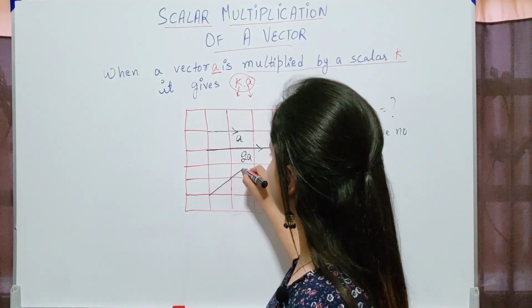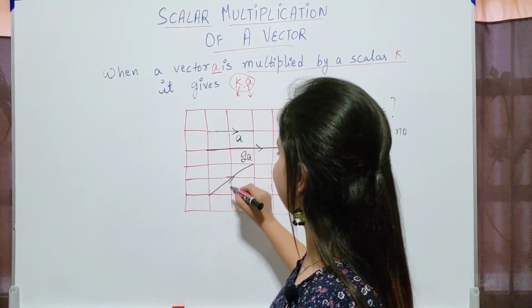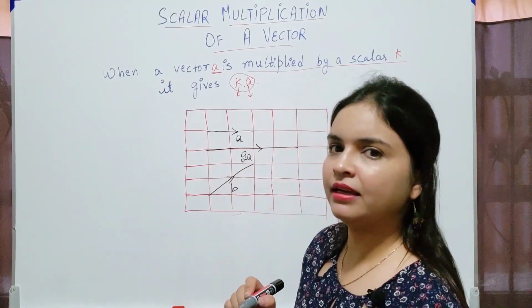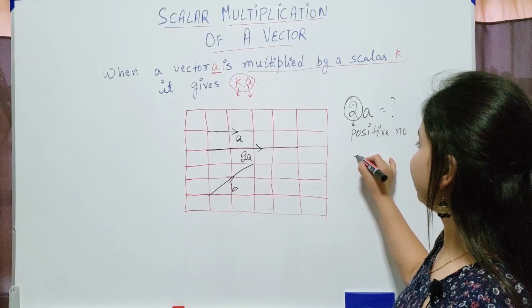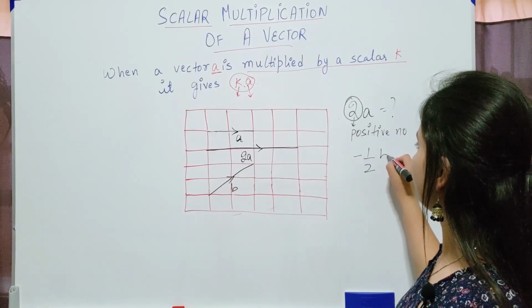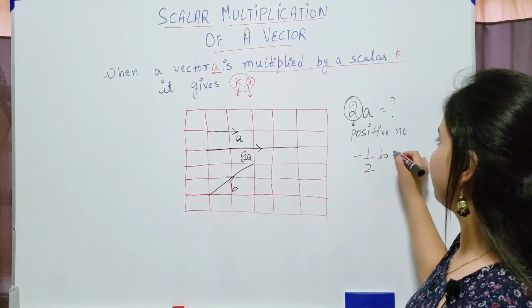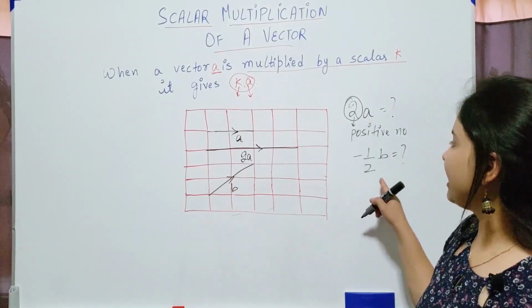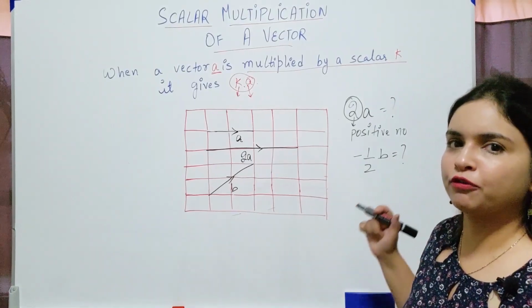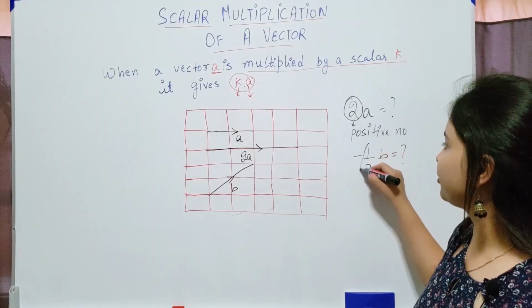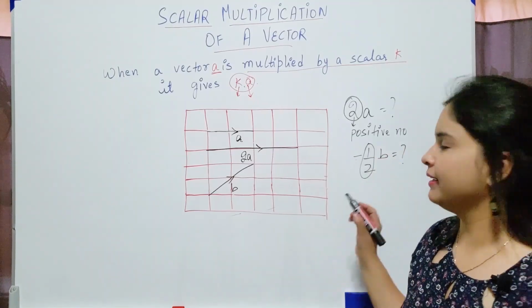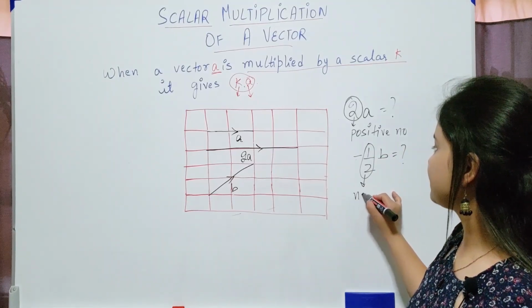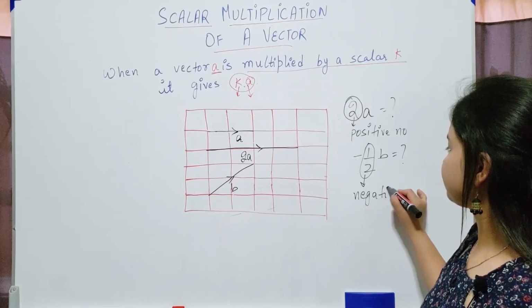Suppose this is my vector B, and the question is, find minus 1 by 2 B. Now, I have to find half of B. Now, this 1 by 2 has a negative sign. That means my k is negative.